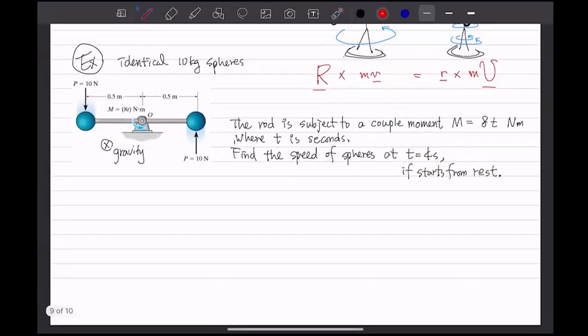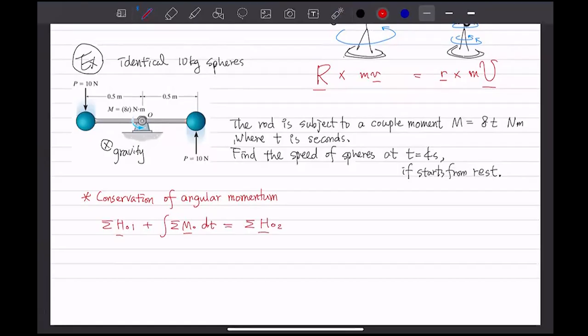So we can just apply what we learned, the conservation of angular momentum. That is, the summation of momentum 1 plus the summation of impulse is the summation of momentum 2.